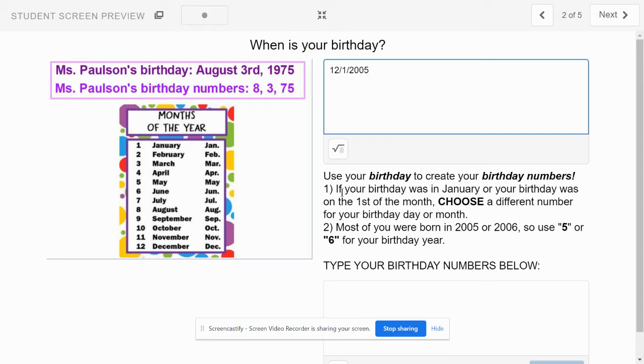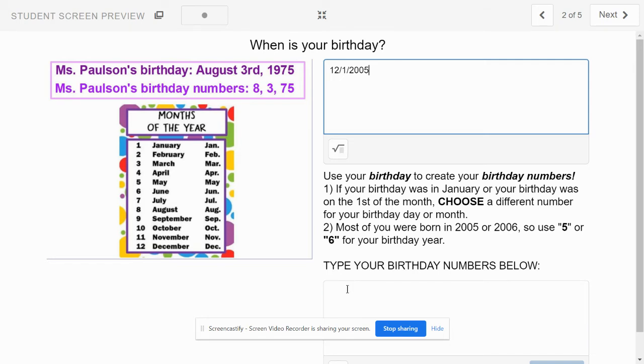If your birthday was in January, the first month of the year, or on the first of the month, like this student in December, please choose a different number than 1. Also, don't use 2005. Unless you want to, I would encourage you to use 5 or 6 for your birthday year.